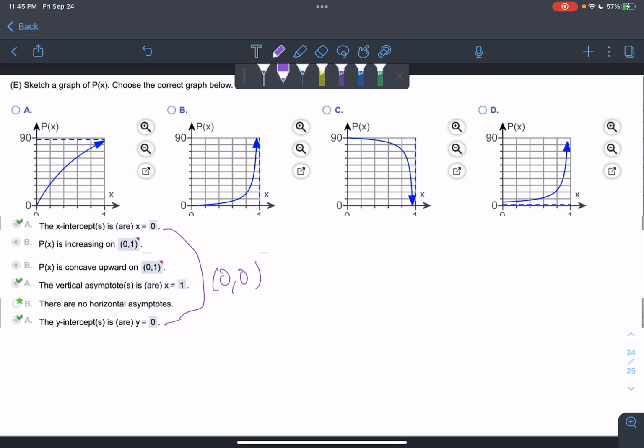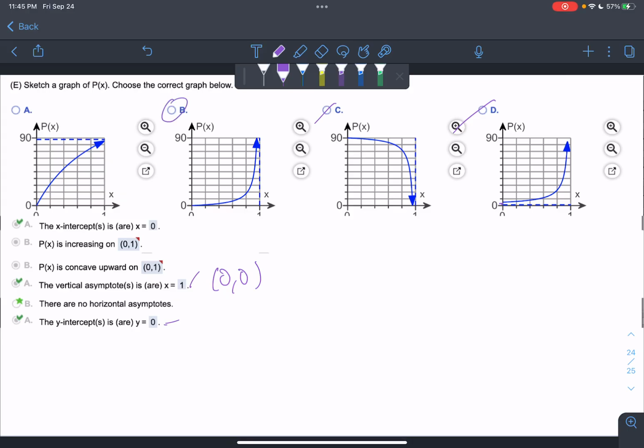So D and C are out because 0, 0 is not on their graph. What else do we have? We have a vertical asymptote at x equals 1, and that's depicted in B. So B is likely our answer.